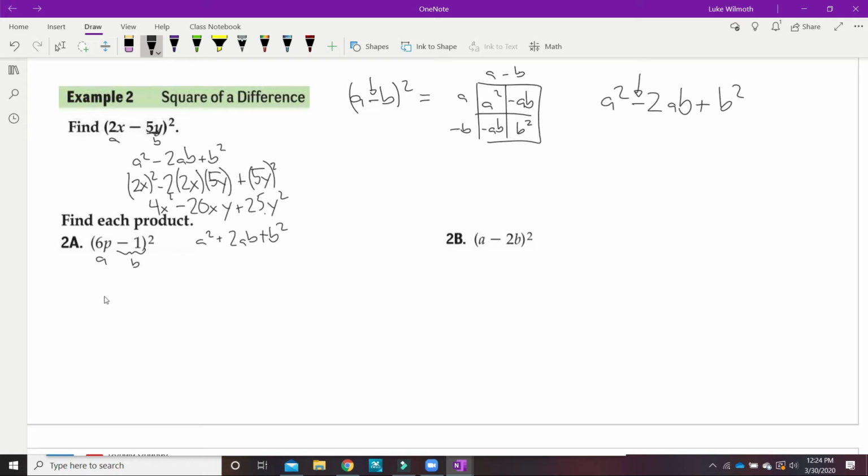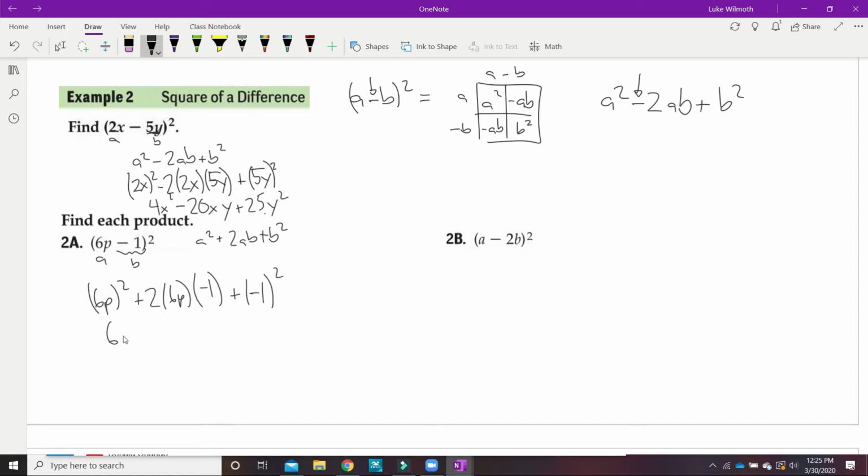I'm going to use this formula. So I've got 6p squared plus 2ab. And see, this negative will turn that positive into a minus sign. So I'm going to get the same results as doing this formula. Okay, then plus b squared. B squared is negative 1 squared.